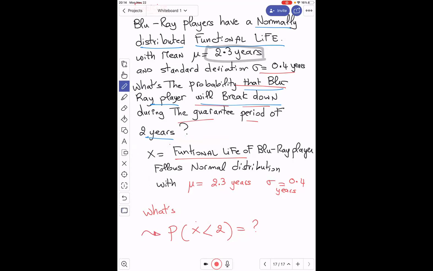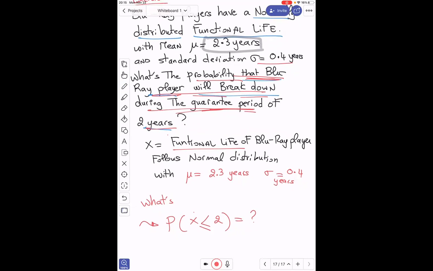Here, we need the probability that the Blu-ray player will break down during the guarantee period of 2 years. So you need the functional life of your Blu-ray player to be less than or equal to 2. So it's going to break down in 2 years or less. So this is the probability that x is less than or equal to 2, or strictly less than 2. That doesn't change anything.